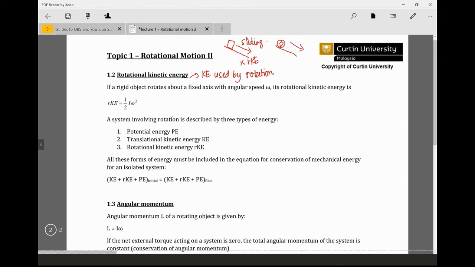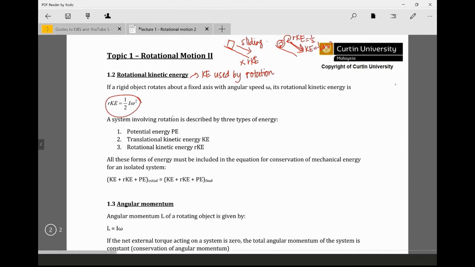The direction of the movement is linear, going down the hill, but at the same time, it is also rotating. So the energy used for the ball to do the rotation is what we call rotational kinetic energy. But the linear motion, when it is going down the hill, is counted as normal kinetic energy, which is half mv squared. But rotational kinetic energy is given by half I omega squared.